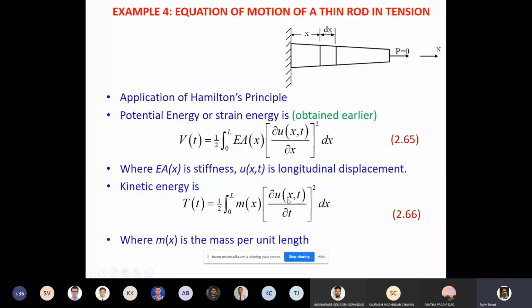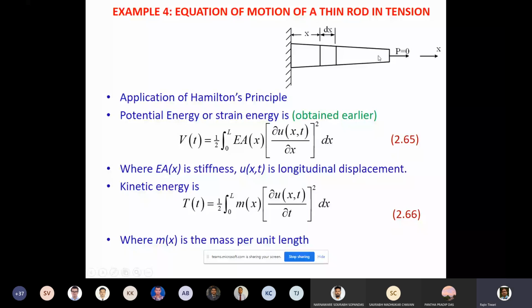This is the velocity term, squared. When we integrate this, with m(x) the mass per unit length, from 0 to L multiplied by dx, we get the total kinetic energy of this particular rod.